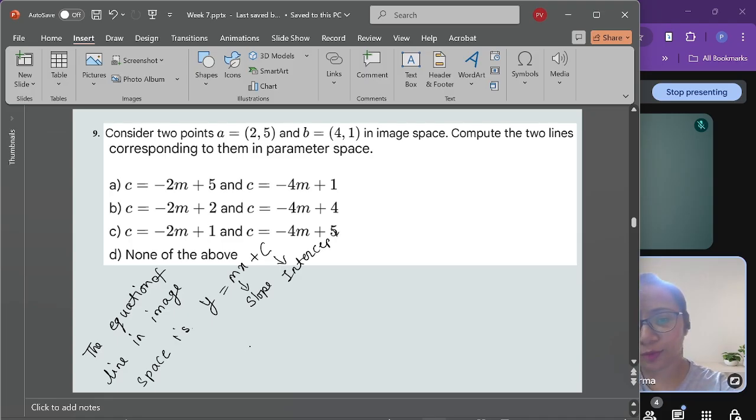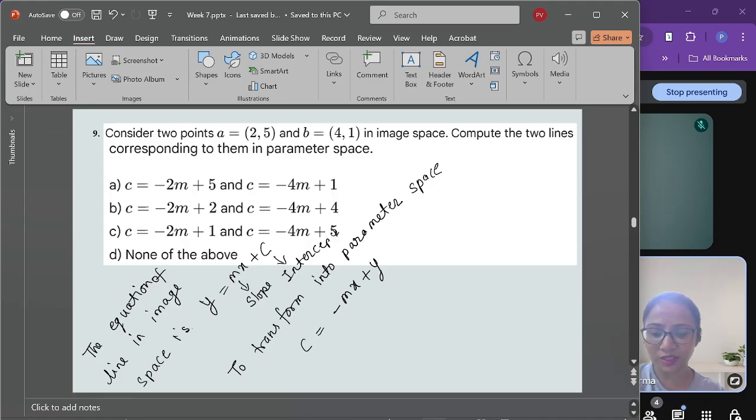So to transform into the parameter space, just rearrange this equation. So we can write it like c is equal to minus mx plus y, right? If we take mx, so we will get this equation, right? So this equation represents a line in parameter space.